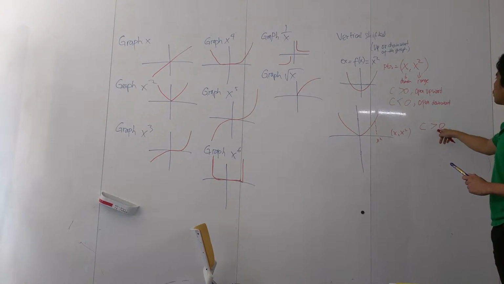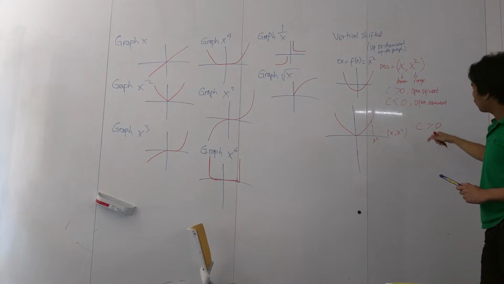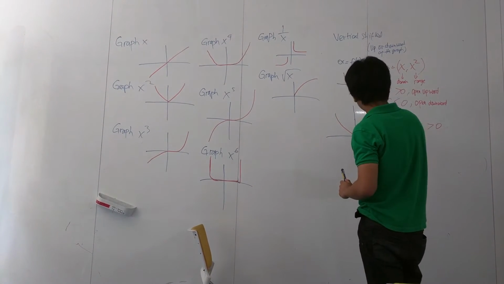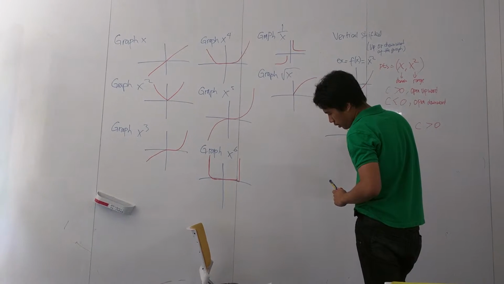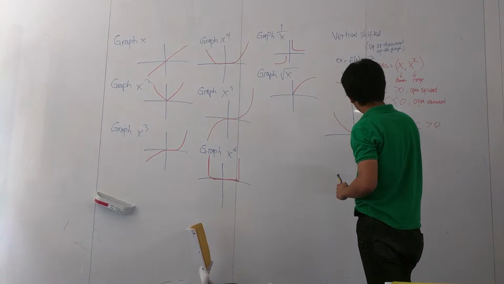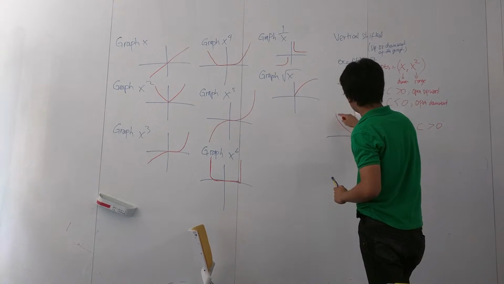We got the conclusion that if c is greater than 0, it will go up like this.